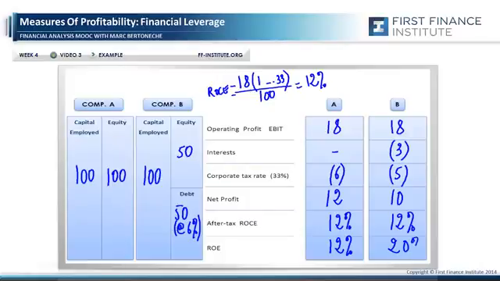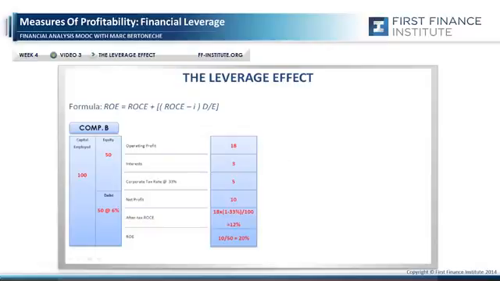So you see clearly here, company A with no debt has a return on capital employed equal to ROE, and company B has an ROE higher than the ROCE, and this is what we called earlier the leverage factor. So why is ROE higher than ROCE for company B? Because of the leverage factor.